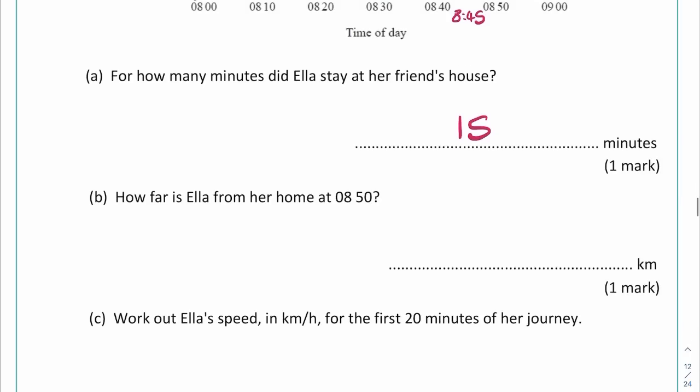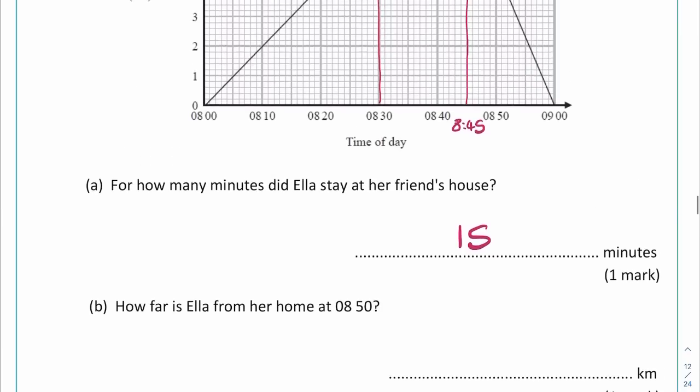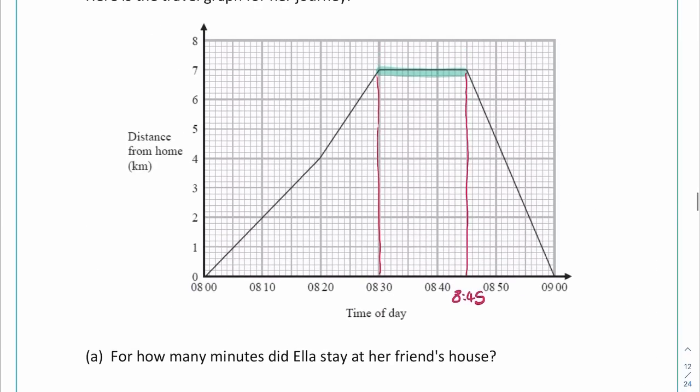For part B, how far is Ella from her home at 8:50? So at 8:50, there we go, this is a bit of an awkward part on the graph, we've got 8:50 just over here. So if we go up from 8:50 and then use a ruler and a pencil to really carefully trace along that exact line, there we go, and that is just in there.